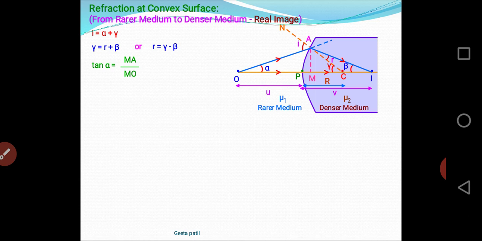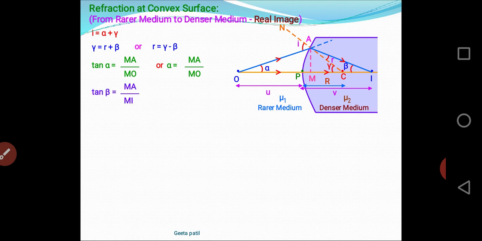Now from the diagram we can calculate the value of tan alpha, which is opposite side divided by adjacent side in the triangle OAM. That is, tan alpha is equal to MA by MO. Since alpha is very small, therefore tan alpha tends to alpha only, so alpha is equal to MA by MO.